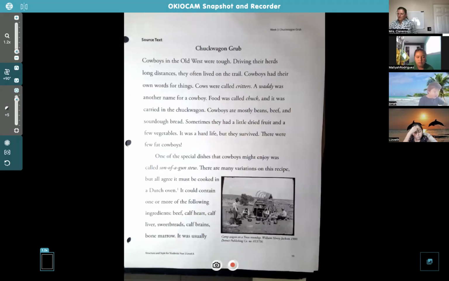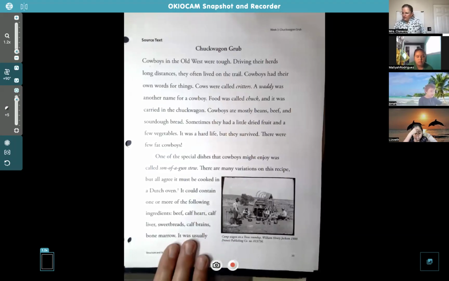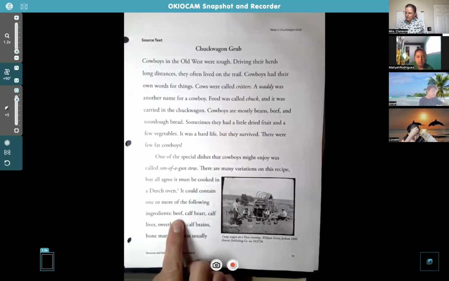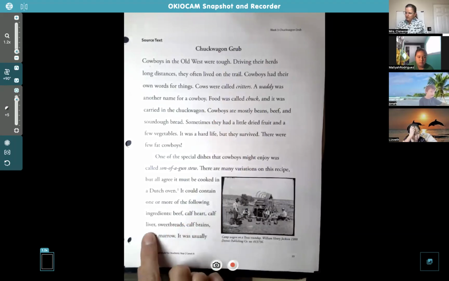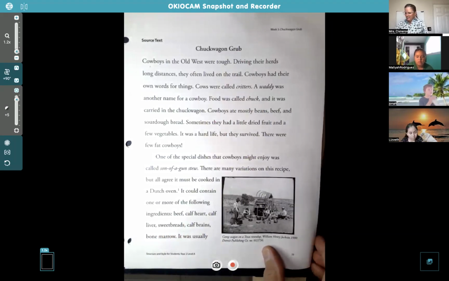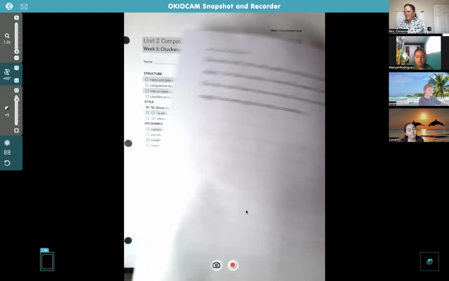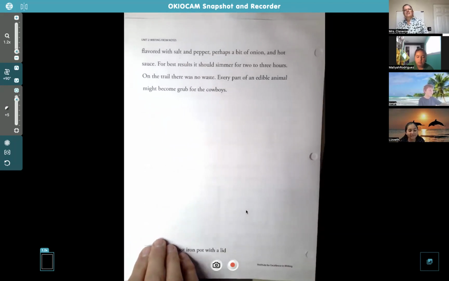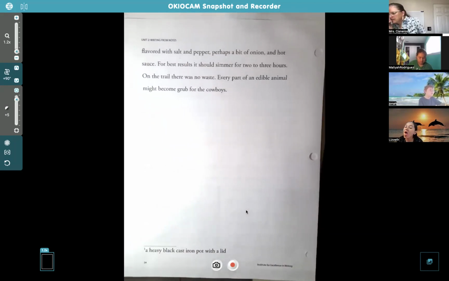It could contain one or more of the following ingredients: beef, calf heart, calf liver, sweetbread, calf brains, bone marrow. It was usually flavored with salt and pepper, perhaps a bit of onion and hot sauce.